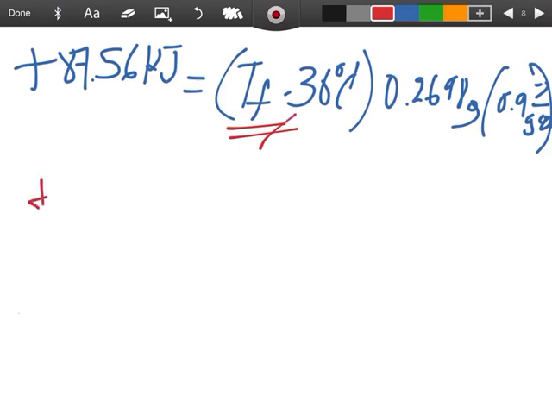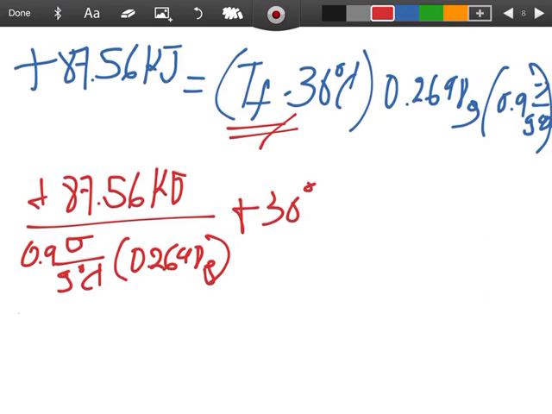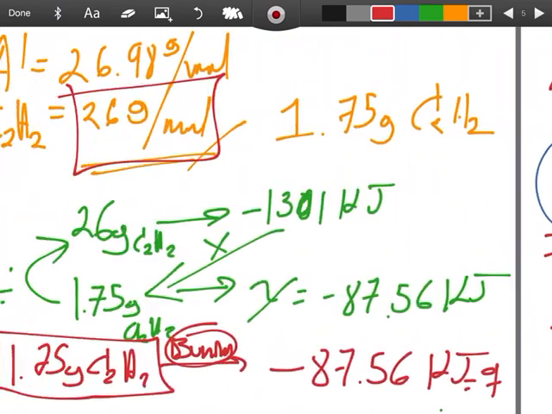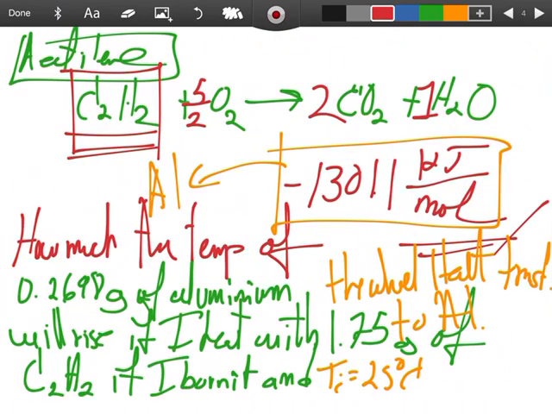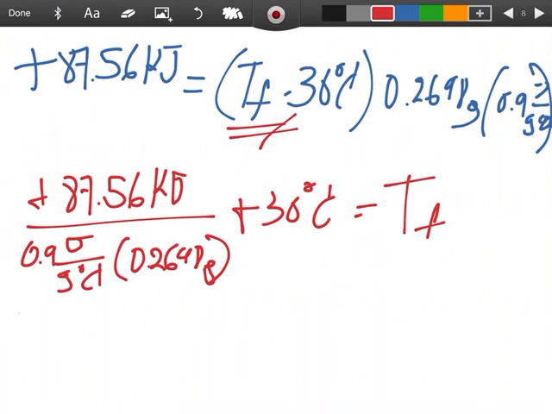And it's going to be plus 87.56 kilojoules over 0.9 joules over grams over Celsius times 0.2698 grams, plus 30 Celsius, the same as final temperature. So let's just go back and say that I'm going to calculate it for 30 Celsius. Sorry, my mistake. Very well. Excellent.